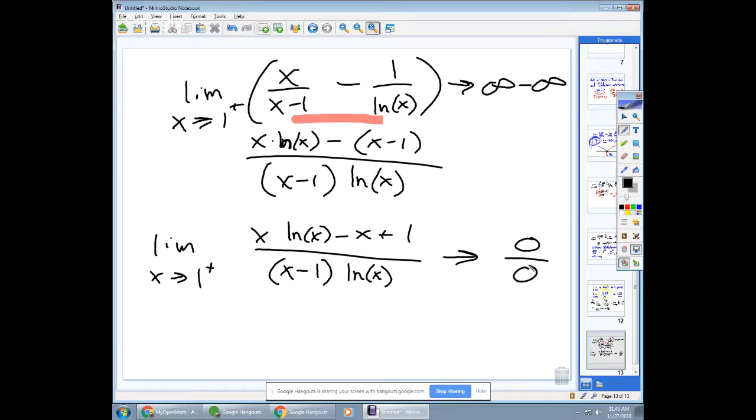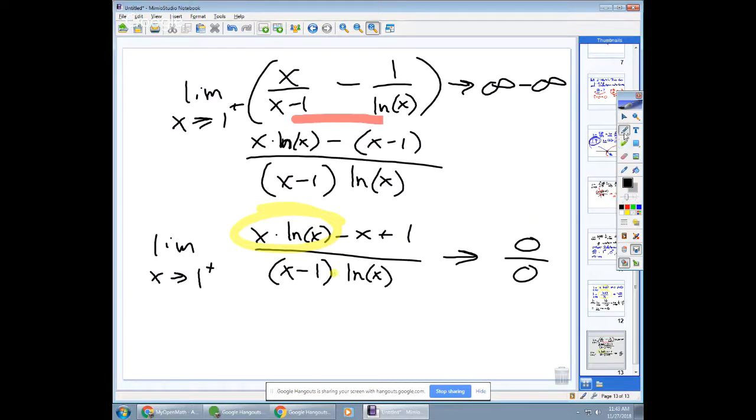All right, but I'm in a position where I can take the derivative of the numerator and I can take the derivative of the denominator. Take the derivative of the numerator, which involves the product rule for part of it, and the product rule again down here.